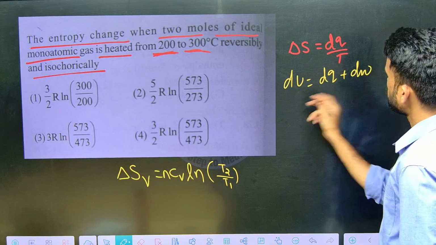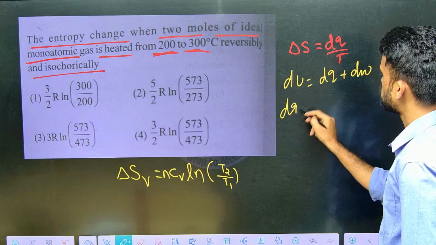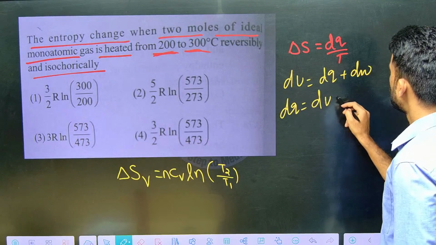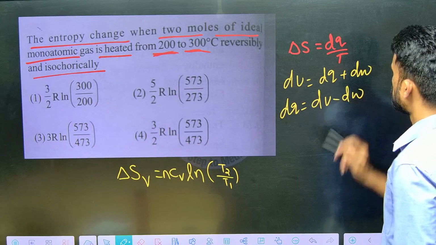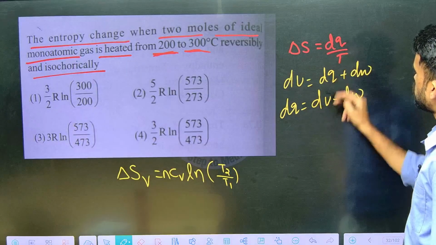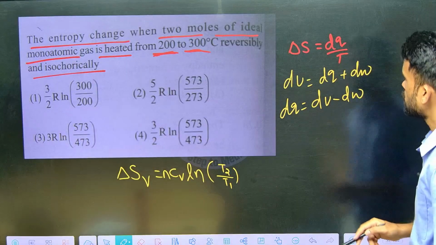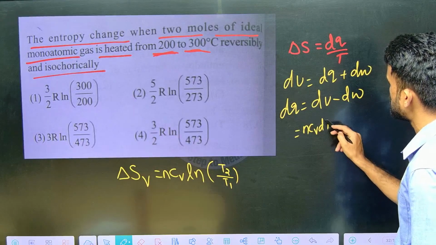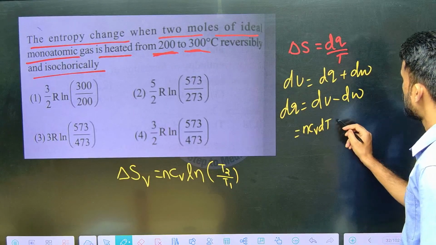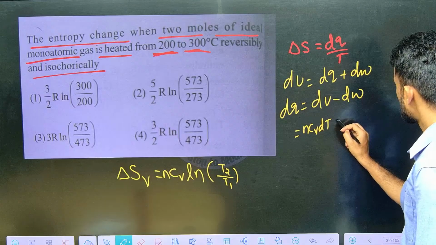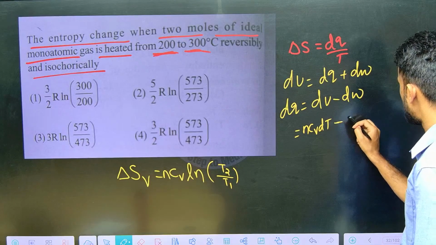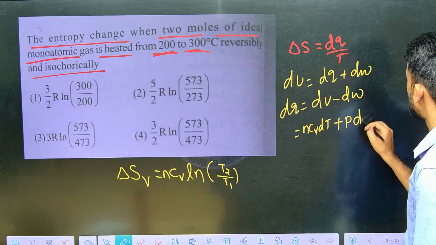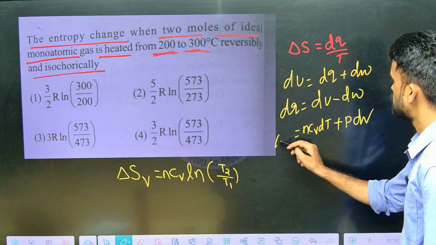So from this, dq is equal to dU minus dw. In the place of dq I can substitute this now. dU is nothing but nCv dT, and here it is minus of minus PdV, that is plus PdV we will get. So this is about dq.